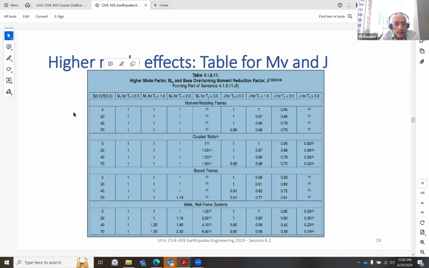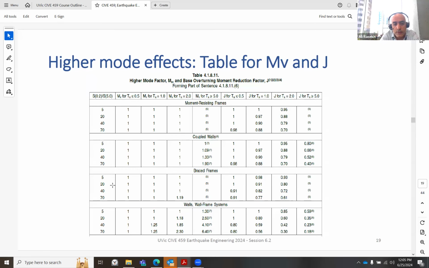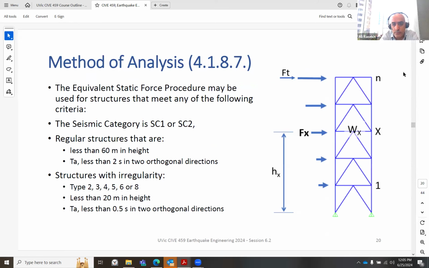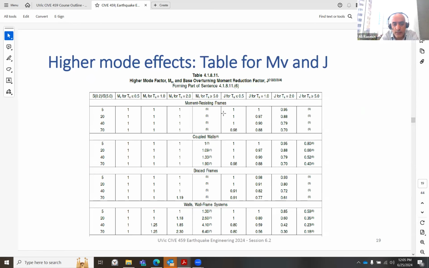So this is based on this ratio and the period of the structure that you either calculate or estimate using the code. So basically, the steps are that you first go to the code. If I want to be prescriptive, go to the code, and you know your structure, you know the spectral accelerations that you read from the website, you know about this value, and you know about the period of your structure.